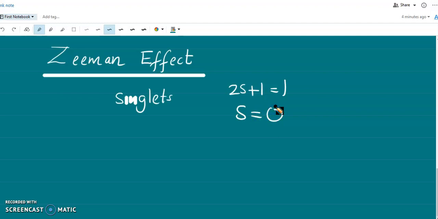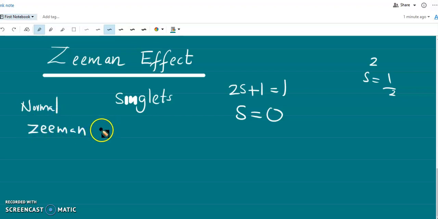So in the case of a one-electron atom, the multiplicity is 2, since s is half. So in one-electron atoms we cannot see the normal Zeeman effect. So this is the Zeeman effect, and the normal Zeeman effect is found in the case of singlets. Singlets have s equal to 0.